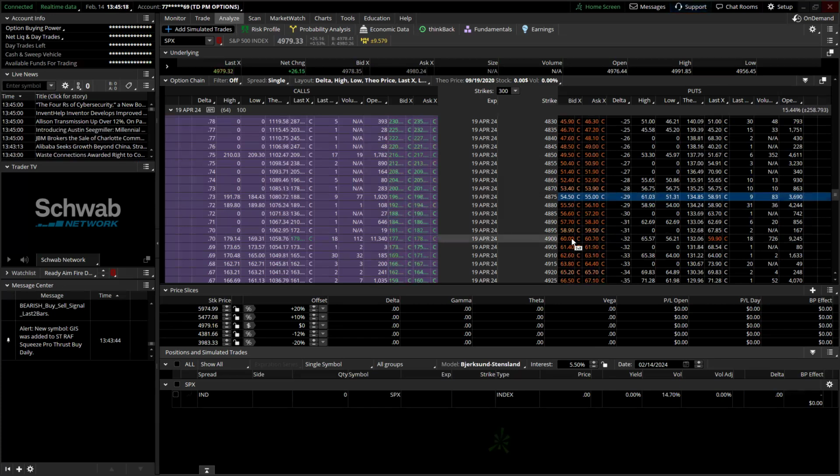But if I wanted to shift my strikes over, I have strikes available. There are 5 points apart, which is what you will not find a lot of times with ES options, right? ES options will have strikes available that are 25 points apart. So if I wanted to do something in between 4,900 and 4,875, I have to go either 4,900 or 4,875 because there's nothing available in between.